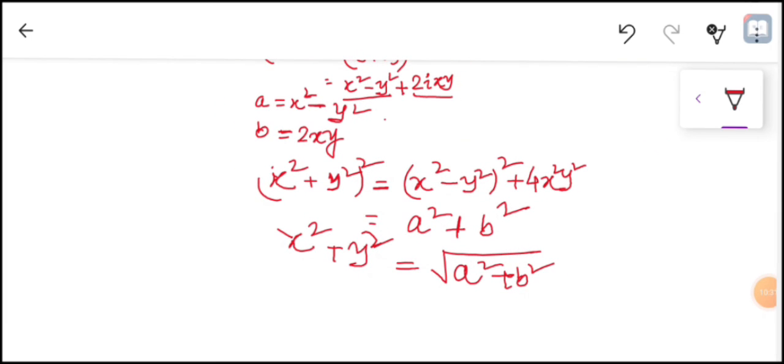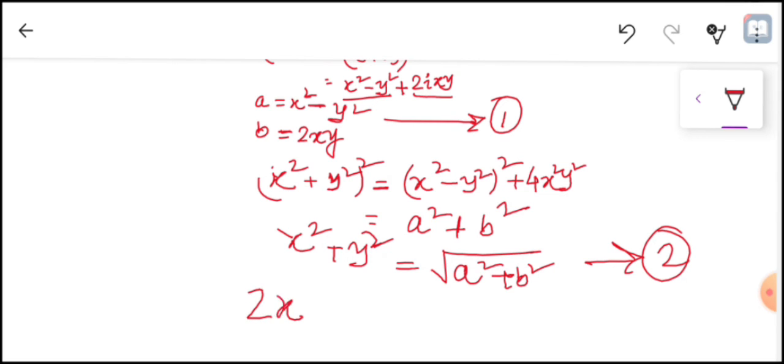If we add equation 1 and equation 2, we get 2x square is equal to a plus square root of a square plus b square.